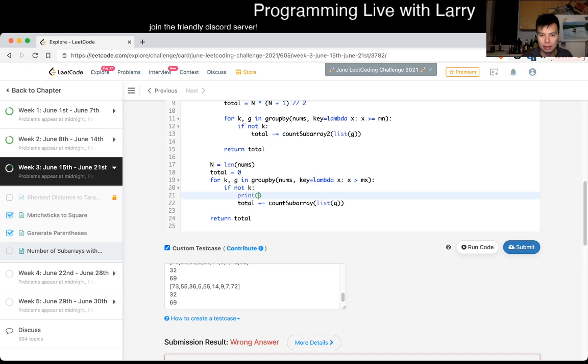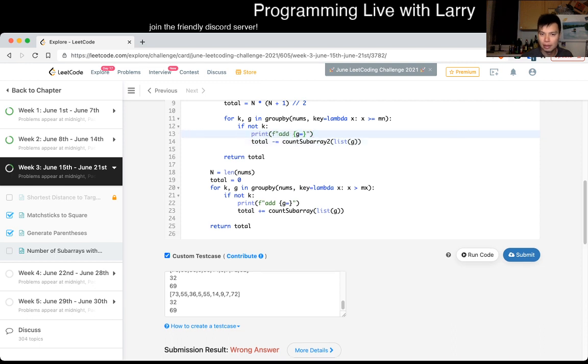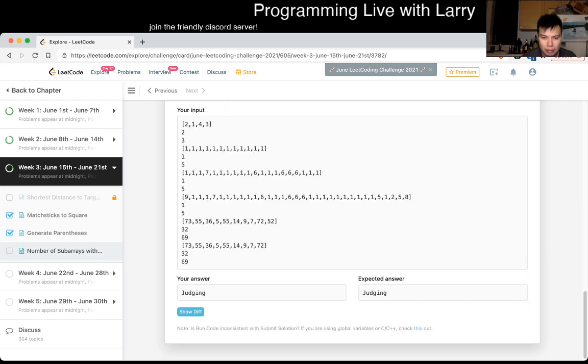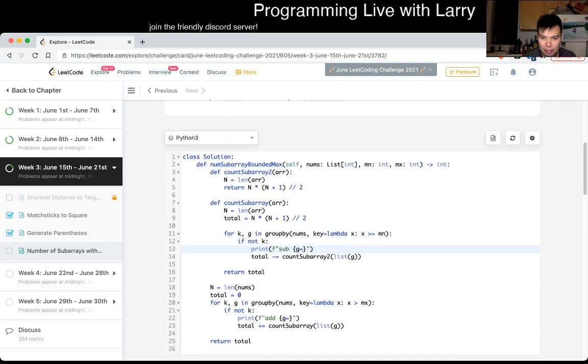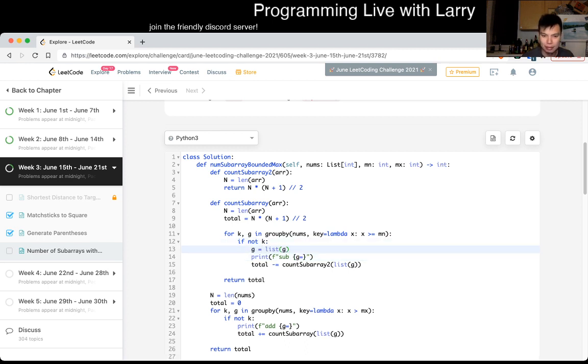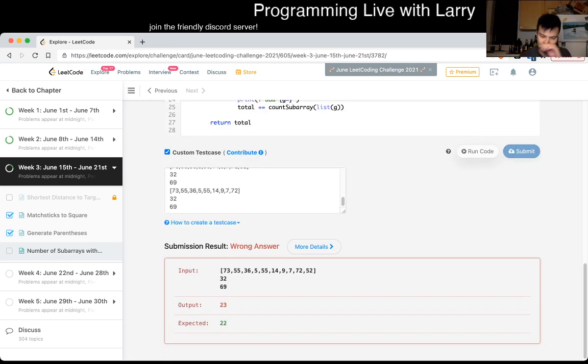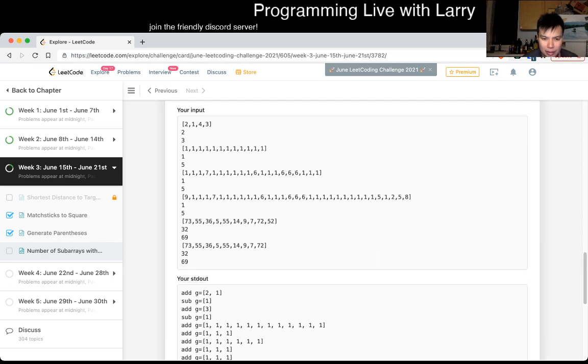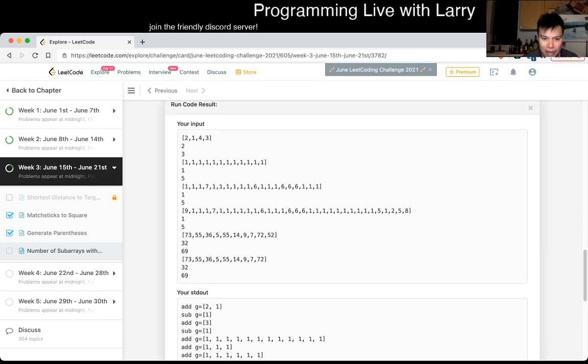Let's see. Oh man, I have to convert this into a list. What am I off by? I am now curious. It's probably just off by 1, but so we add these two.